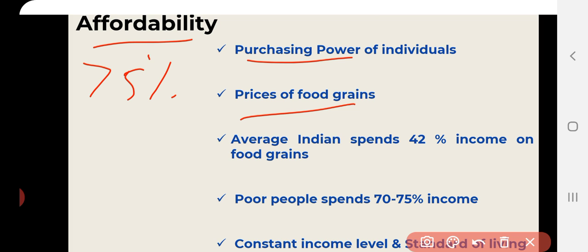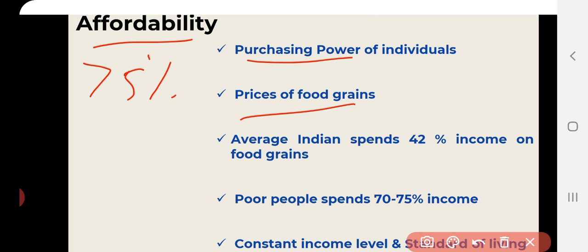And apart from food grains, we purchase from the market various other essential commodities like vegetables, fruits, egg, meat, milk, milk products, then edible oil, sugar. These are other essential required commodities.